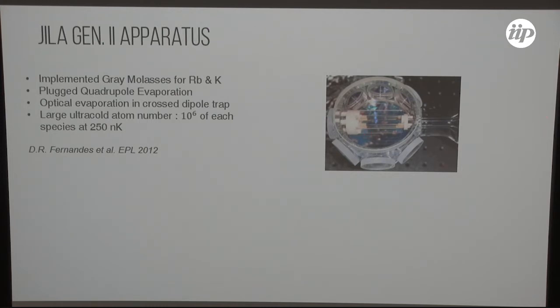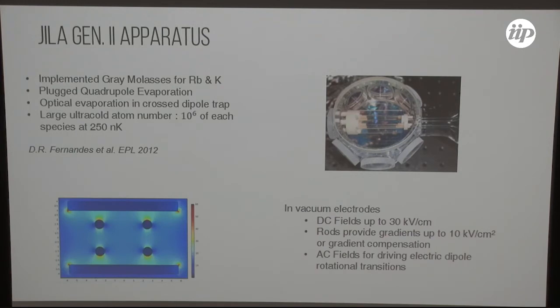It is a set of electrodes, two ITO plates on the outer side, and 4 rods that can be used to induce a large bias electric field, or even gradients in every direction. We can use it to tilt the electric field inside the chamber, and also to produce microwave fields.